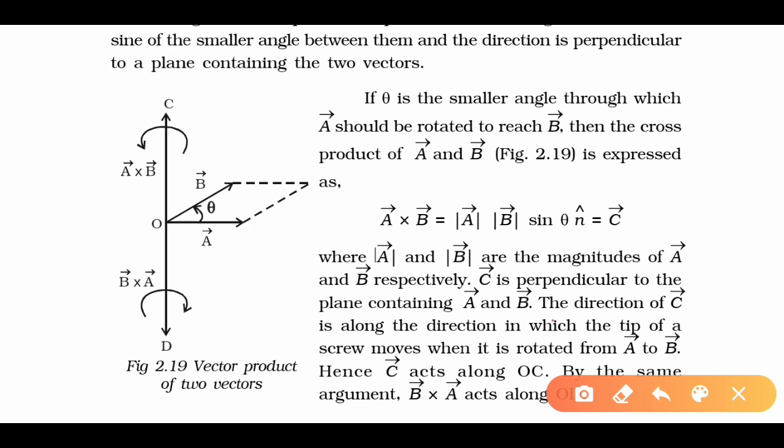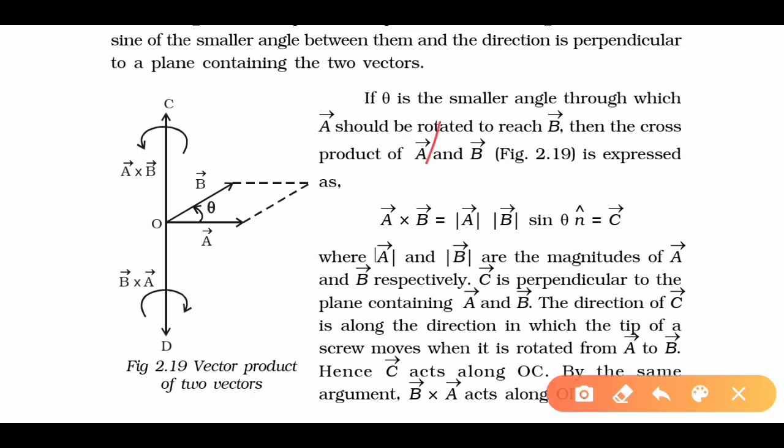The direction of C vector is along the direction in which the tip of a screw moves when it is rotated from A vector to B vector. Hence, C vector acts along OC, as you can see in the diagram. By the same argument, B cross A acts along OD.